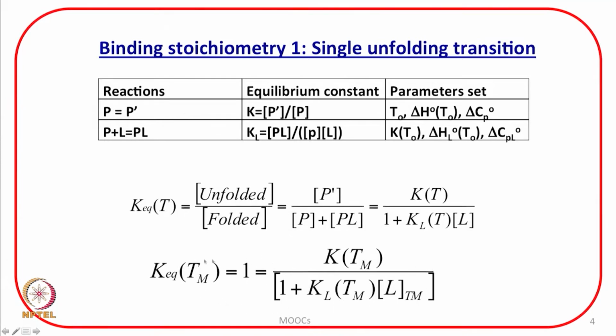And then finally we also came up with an equation for KLTM, and that KLTM, the binding constant, is what we are interested in, because KLTM can further be connected to KL at any temperature T. Now, let us discuss further.